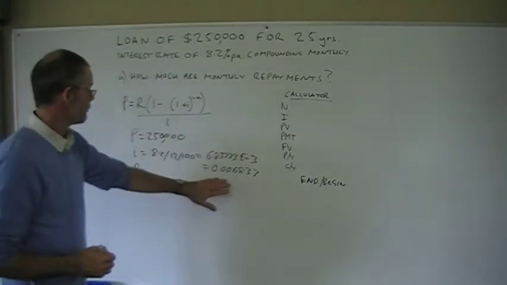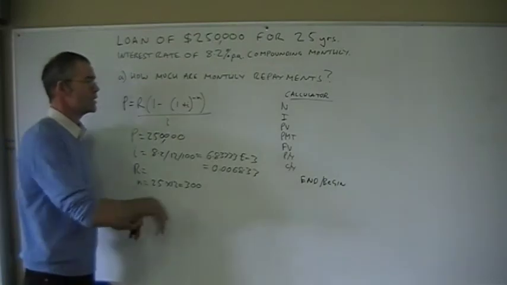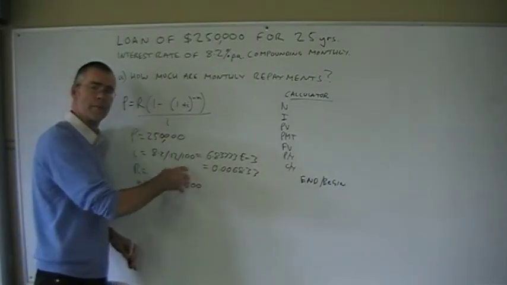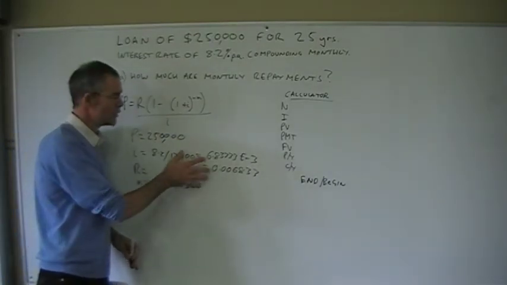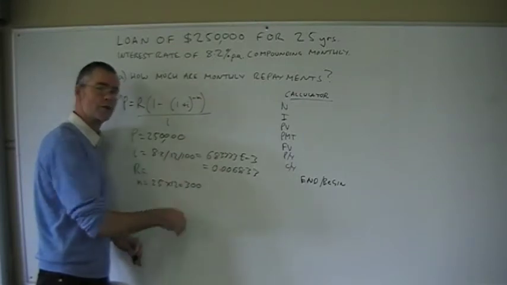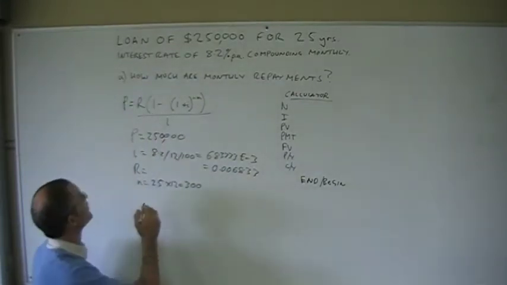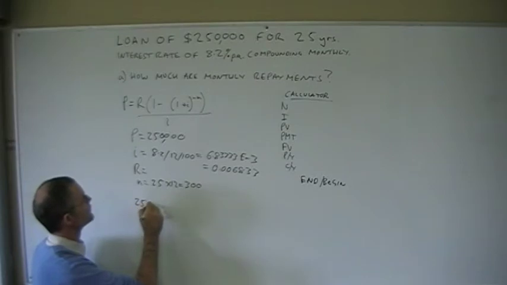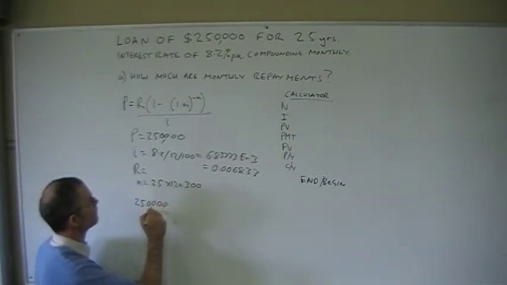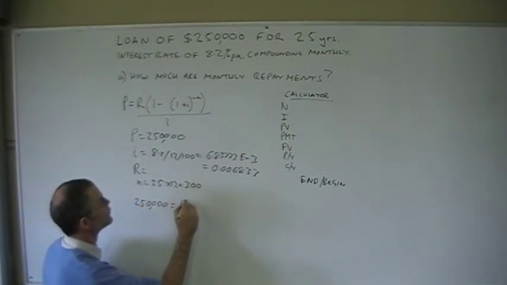Right, we've got that there, we've got that there. Now we must write down this equation with all our numbers in it. So don't just stop here, do write down the equation now with all the numbers you've got in it. So we get this, we get 250,000 equals R, we're trying to work out.